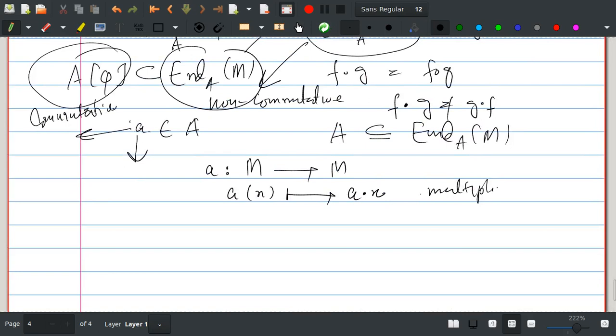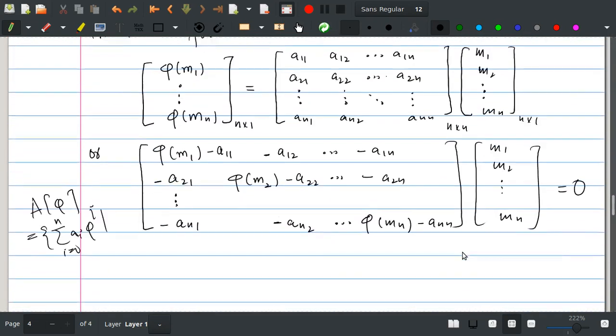this ring over here is a commutative ring, because this is the same as x times A, and phi to the power 2 is the same as phi with phi.